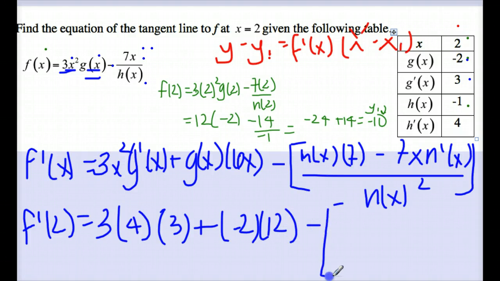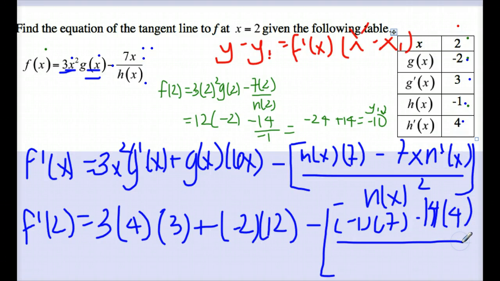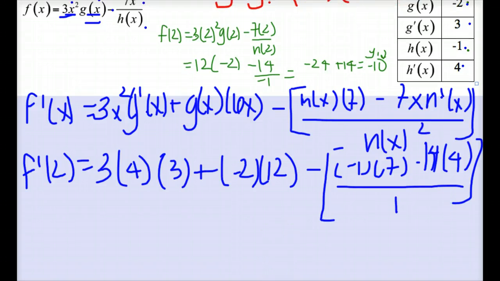Minus, brackets, h of x is negative 1 times 7. Minus 7 times 2 is 14. So that's 14. h prime of x is 4 times 4 all over h of x squared, which is equal to 1. So let's go ahead and simplify this.